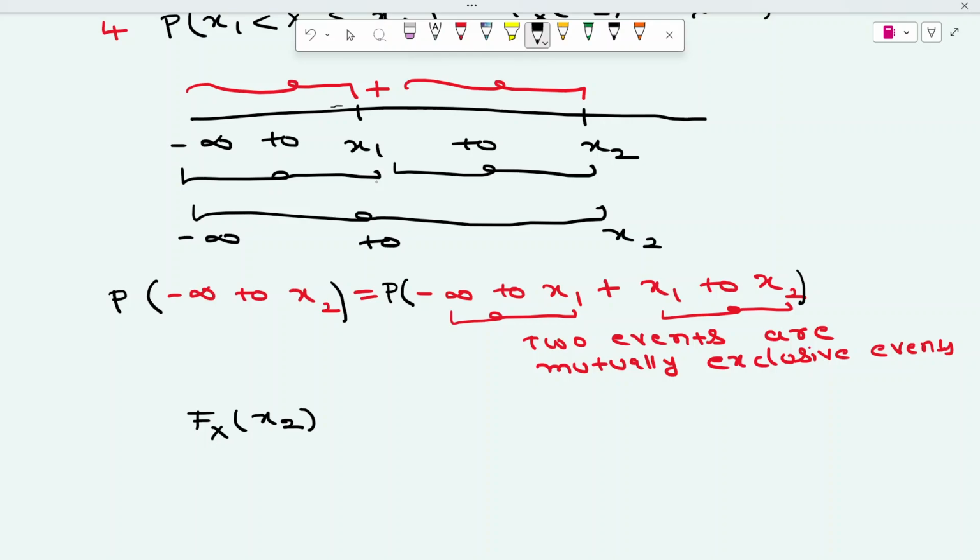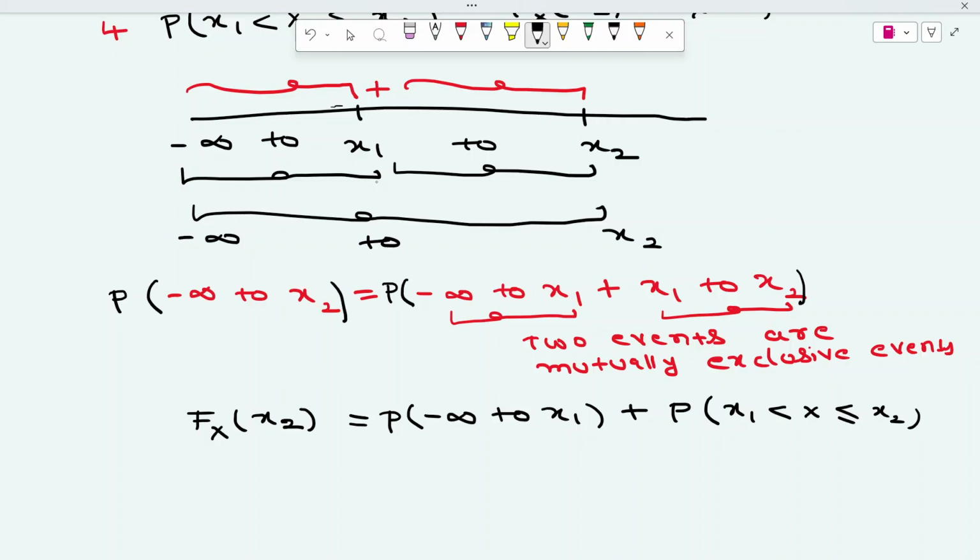As these two are mutually exclusive events, we can write the probability of the union of two events as the sum: minus infinity to x1 plus the probability of this. This one includes x1 as well, whereas this one includes only x2, because the first includes x1, so that is why we are not writing equal to here, but this includes up to x2.